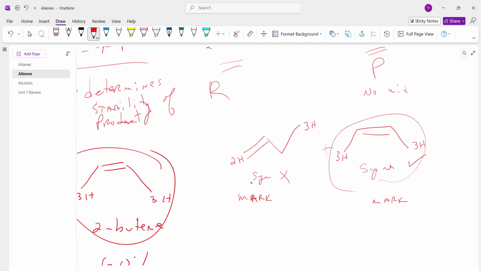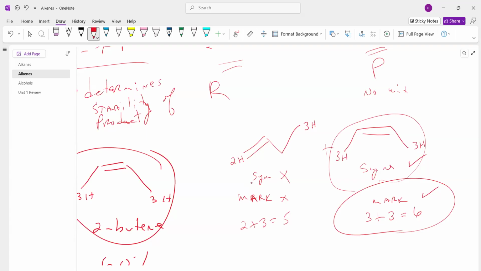On the left, the 1-butene. How many hydrogens do we have total? For those that have taken pre-calc math, 2 plus 3 is 5. 3 plus 3 is 6. Which is more, 5 or 6? Okay, so this is another reason why the right-hand butene is more stable than the left-hand one.